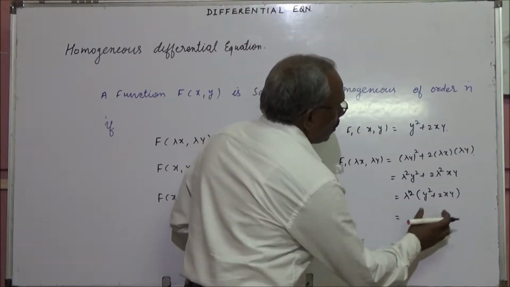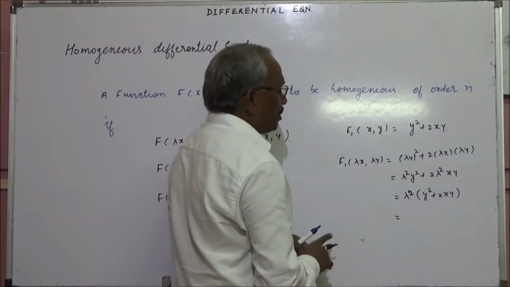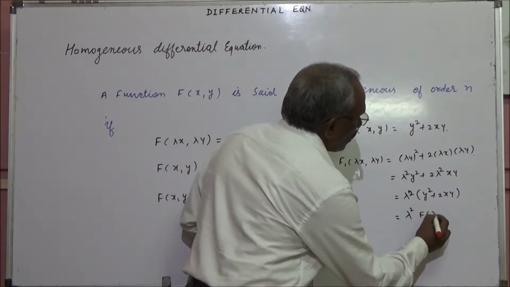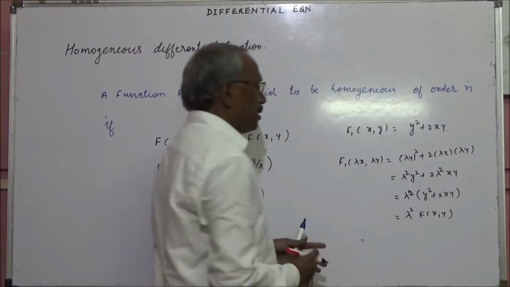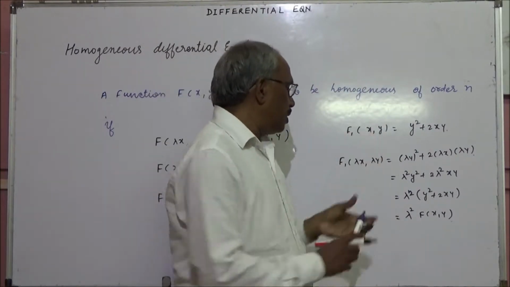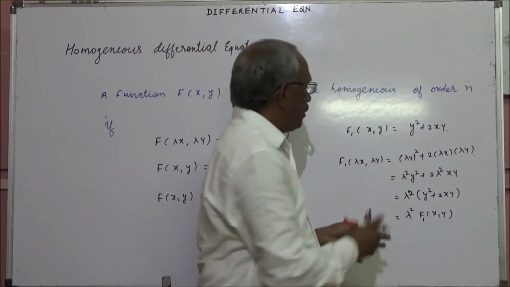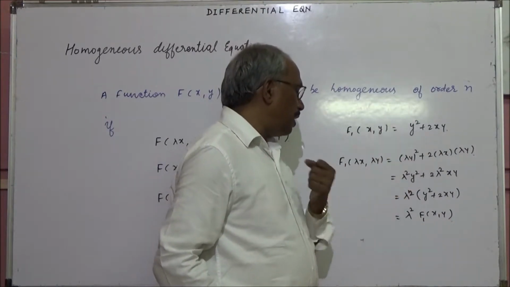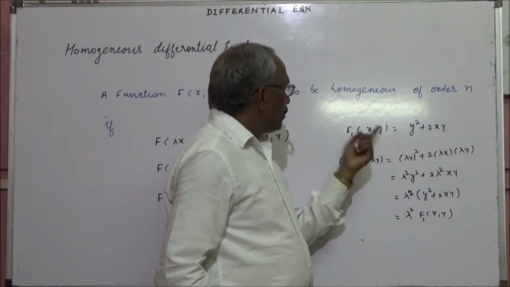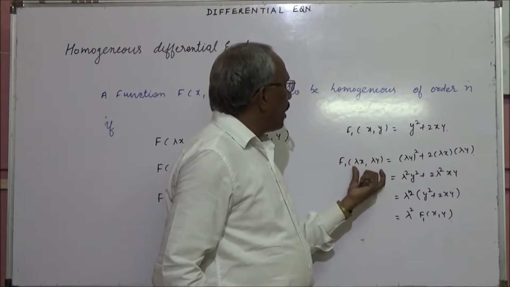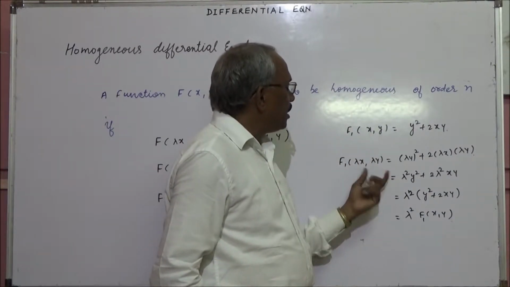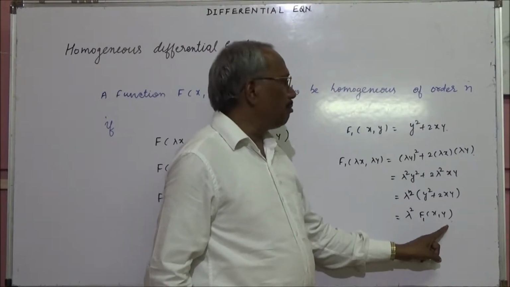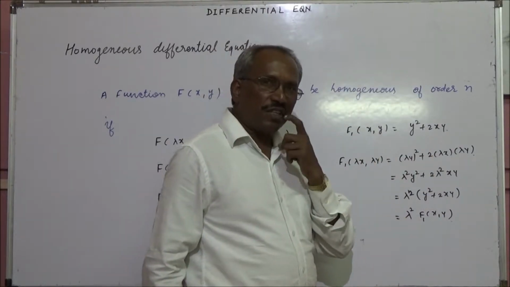Now see here, y square plus 2xy is nothing but f1(x, y). So f1(λx, λy) can be written as λ square f1(x, y). Therefore this is a homogeneous function.